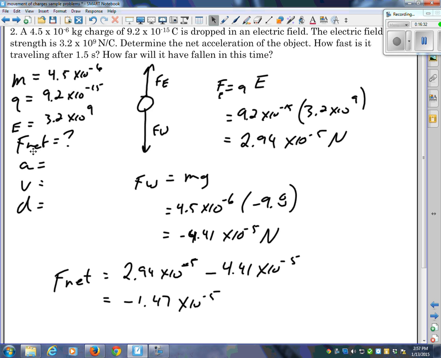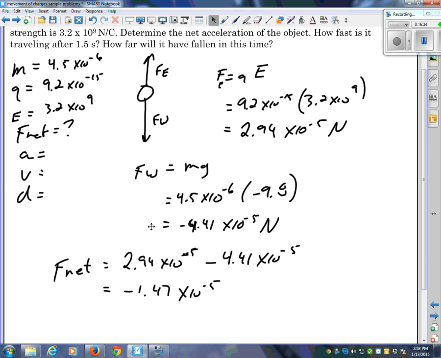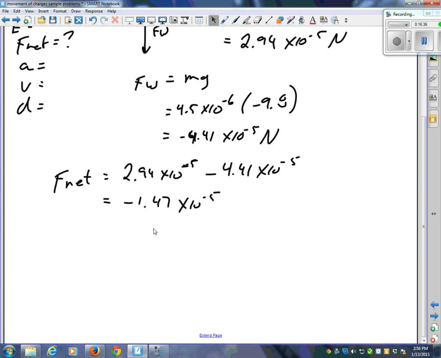How do I get from F net to A? F net is equal to MA, and I would rather see it this way, you guys. I'd rather see the substitution first. The mass is 4.5 times 10 to the minus 6, and we're solving for A.